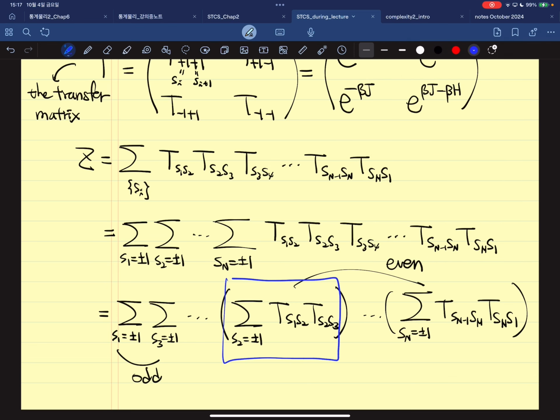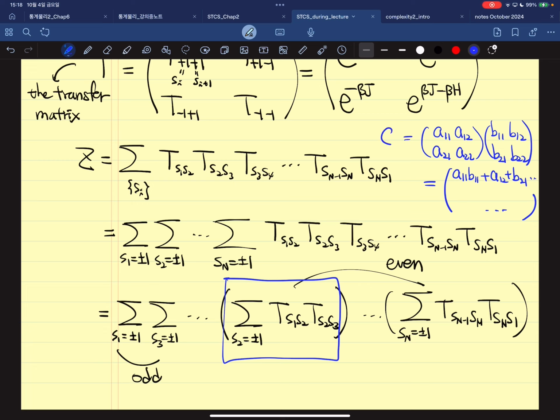This formula may not look familiar to you, but actually, if you calculate this matrix product, it's A11 B11 times A12 times B21, etc. So the elements, if you assume this as a C matrix, then element C11 is actually the sum of A1i times Bi1, where i is 1, 2.